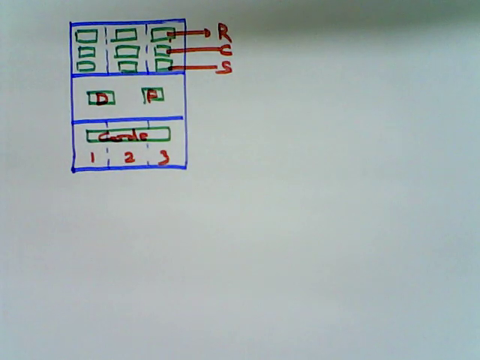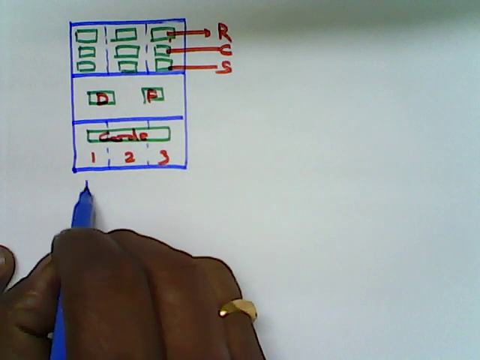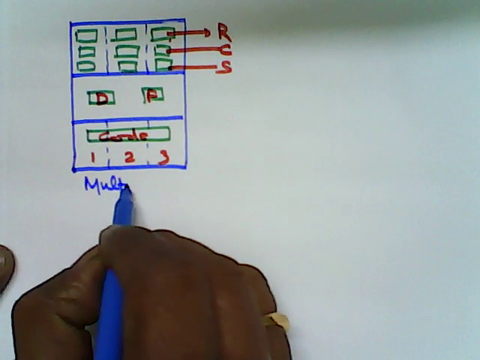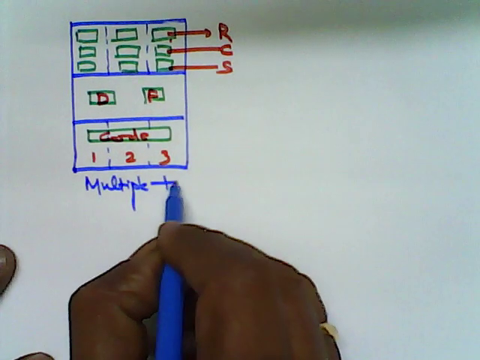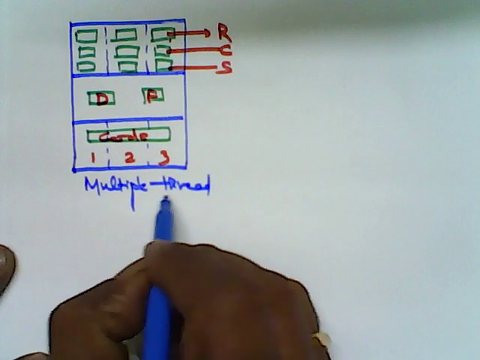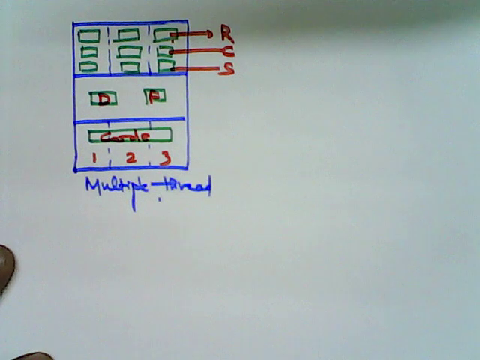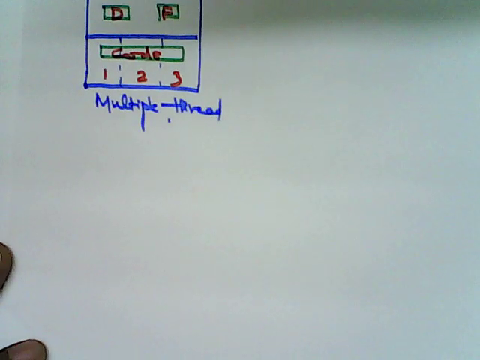That is how we represent it. Such a type of thread is basically for a single process with multiple threads.